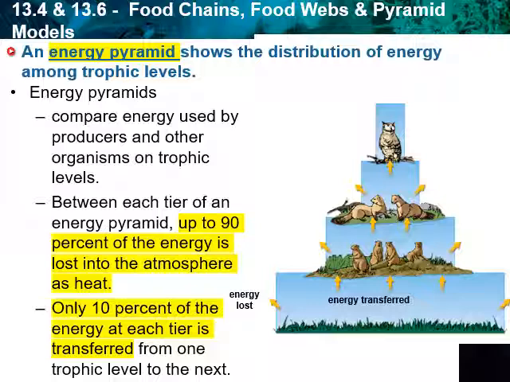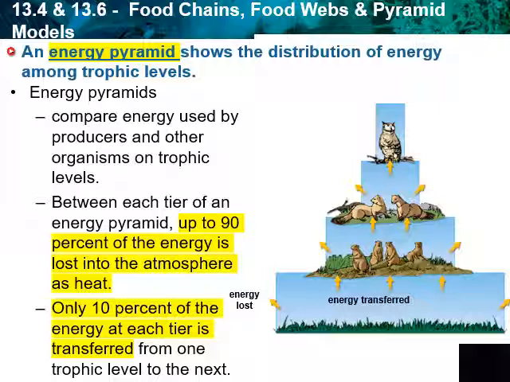So basically we divide by 10. If we have 100% of energy down here, we divide it by 10, okay? Then we're only left with 10% at the secondary level. Divide that by 10, we're left with 1% here. Divide that by 10, we're at 0.1% energy, okay? 90% of energy is lost in the atmosphere as heat.